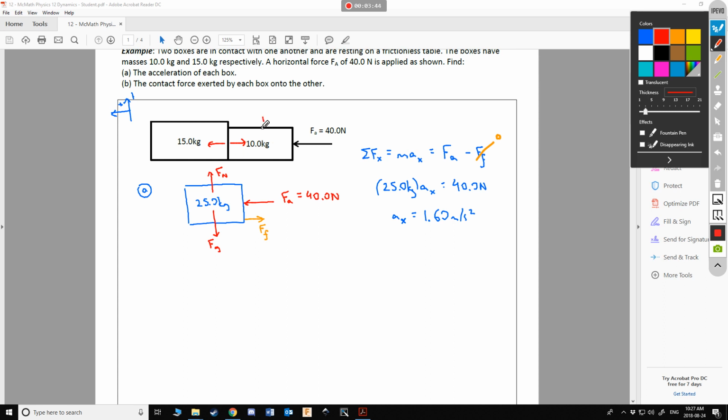If I think of this as box 1 and this as box 2, this is the contact force of 1 acting on 2, and this other one is the force of 2 acting on 1. To solve for this contact force, we need to look at either just the 15 kilogram block or the 10 kilogram block.